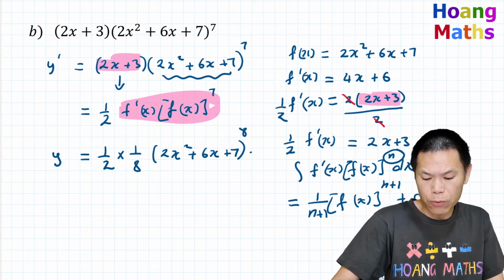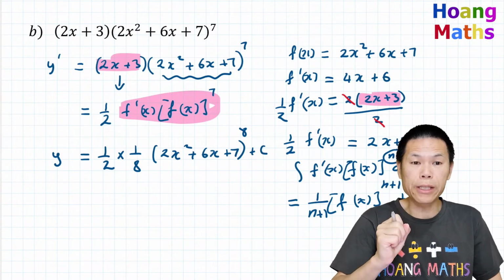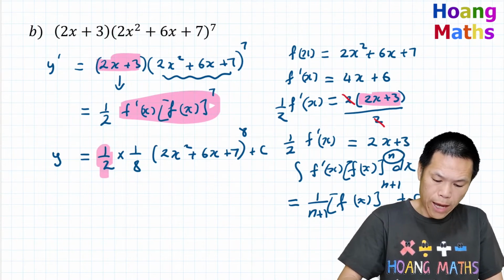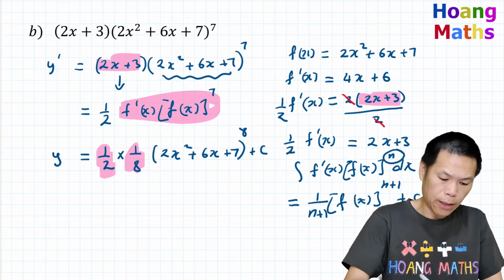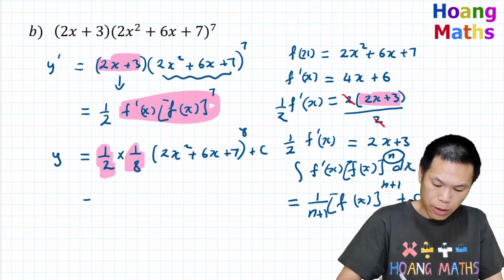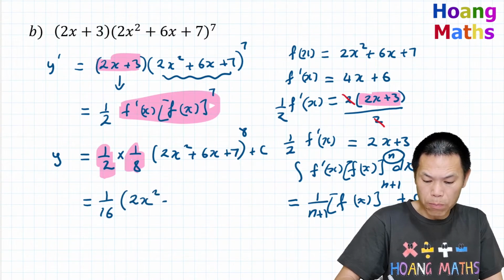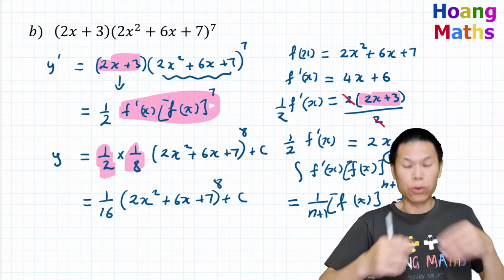And don't forget, we need to add a constant. And what I do now is I just simplify this. So we just go a half times 1/8. So 1 times 1 is 1, and 2 times 8 is 16. So that will give me 1 over 16 times (2x squared plus 6x plus 7) to the power of 8, plus a constant. So there you go.